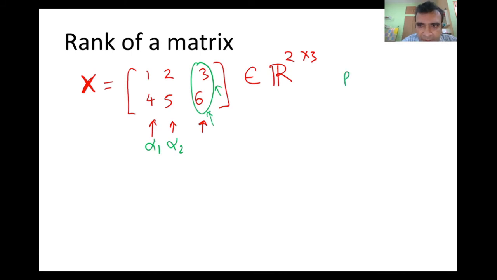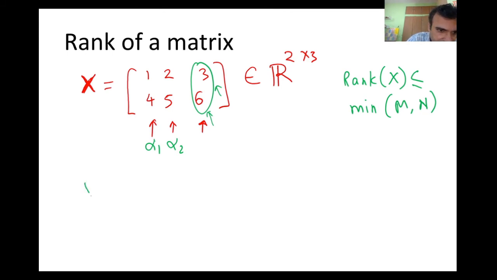Rank of X is less than or equal to min of m and n, the 2 dimensions of the matrix. It doesn't matter if it was a 3 by 2 matrix, that would also be the case. But rank can be even lower than that.